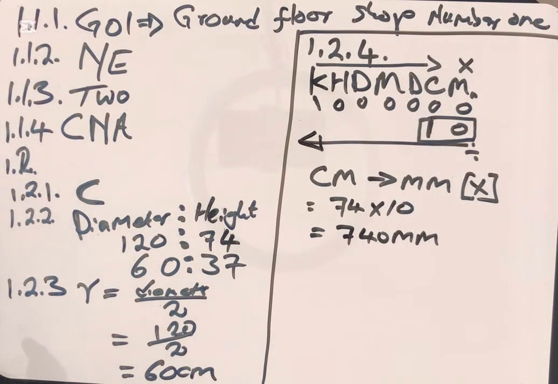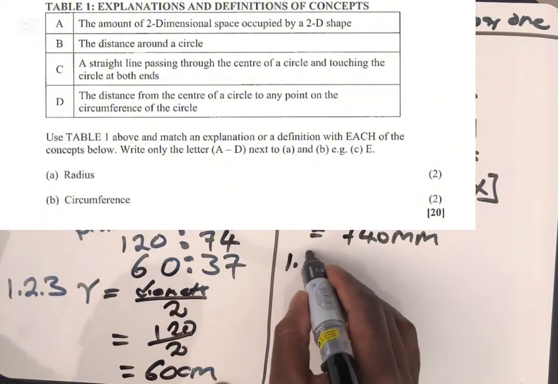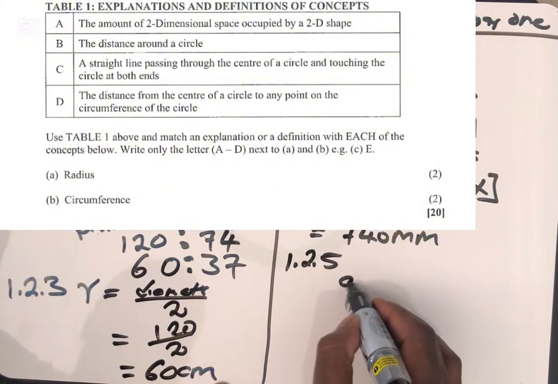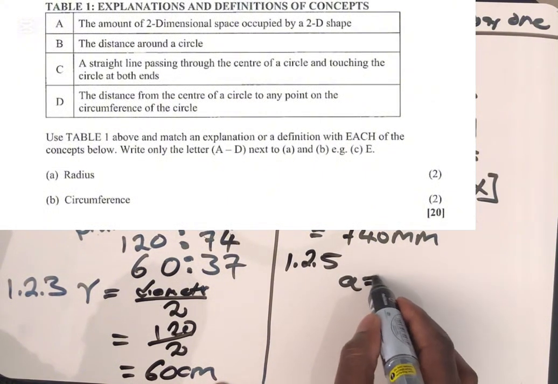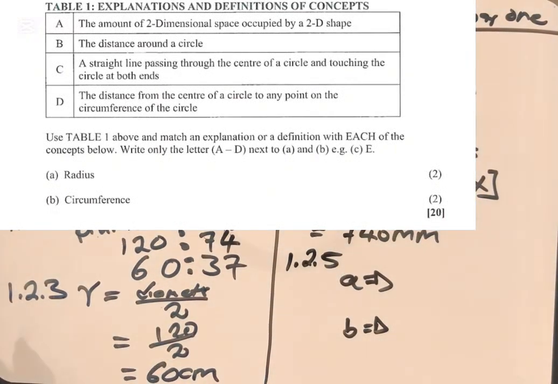We move to the next question, which is 1.2.5. We are having A and B. So let's check here. Table 1 below contains a list of explanations and definitions of concepts used in mathematical literacy.